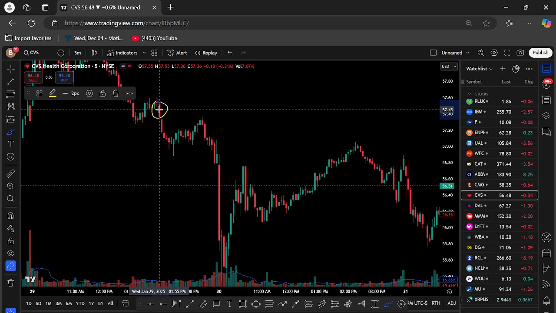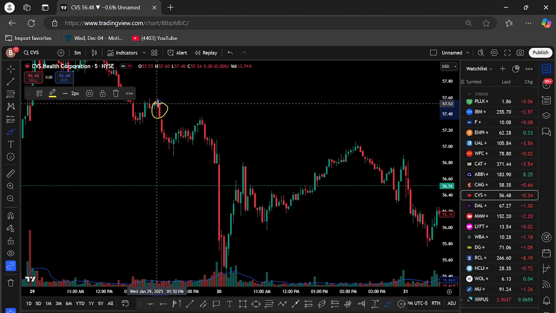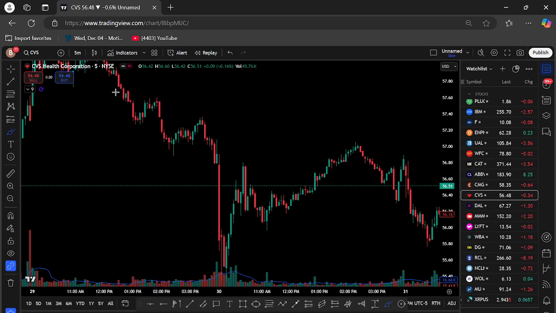Then it dropped to 57.36, and then it closed at 57.36. As you can see, it doesn't have any wicks because the price stopped at specific areas that the buyers and the sellers were agreeing on.